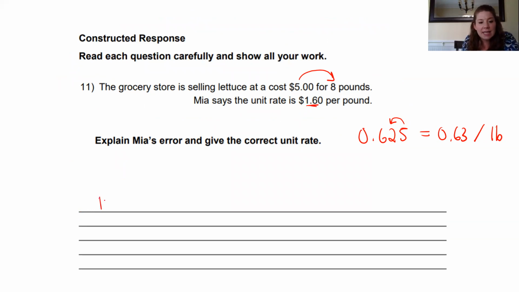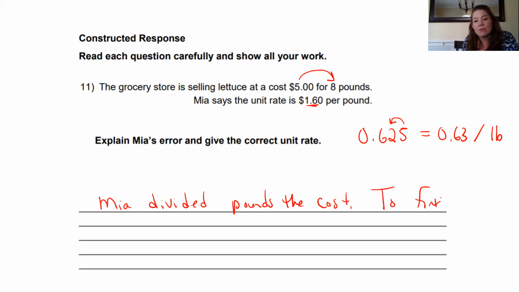So I would say Mia divided pounds by the cost. And then I'd say to find unit rate, you must always divide the cost by the quantity.